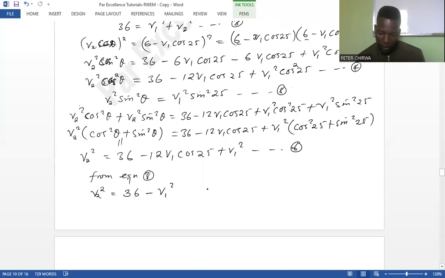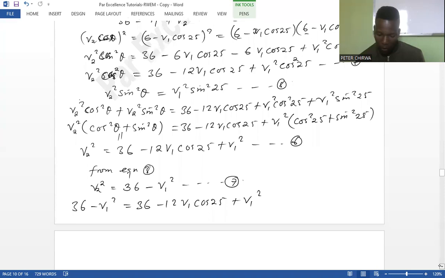This can be my equation 7. Equating this, I'm going to have 36 minus v1 squared equal to 36 minus 12 v1 cos 25 plus v1 squared.